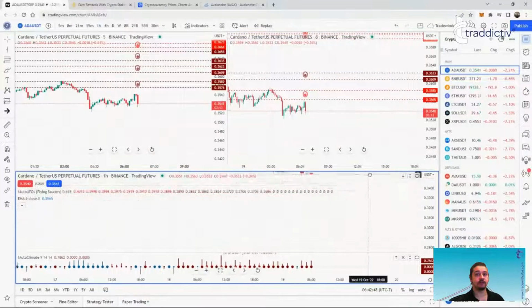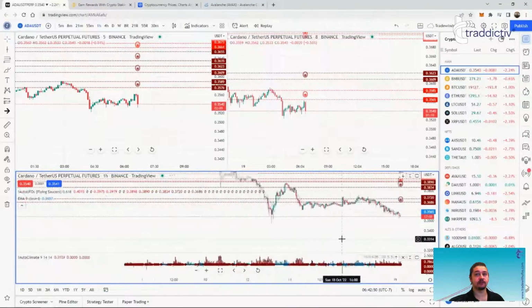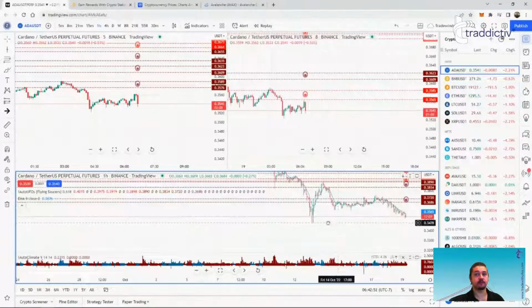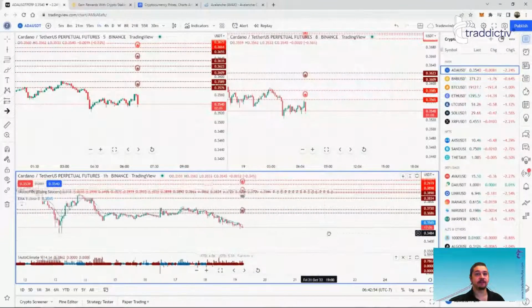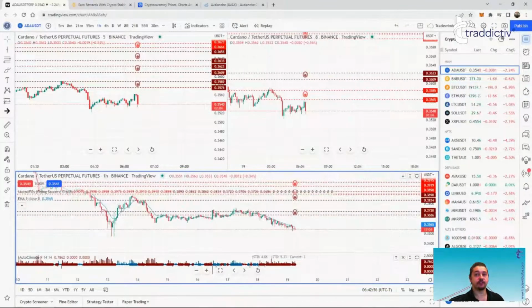What do we have down below? We don't have anything down below, really. Wow. Okay. So for Cardano, we're on the 3rd hour down out of typically 6. So that means we have 3 more hours to go before we need to get out of this trade.